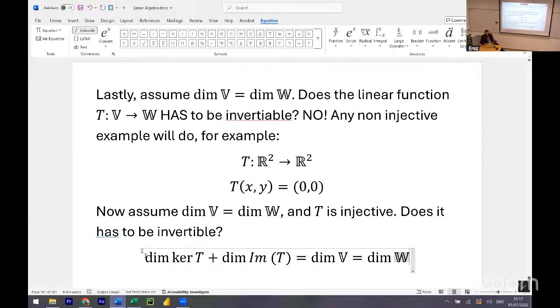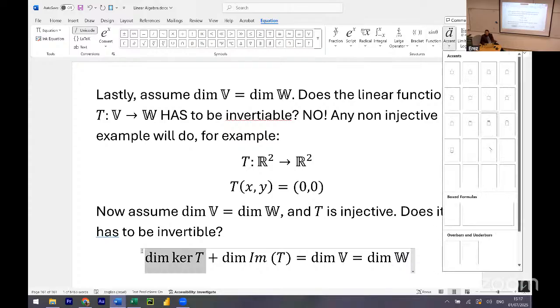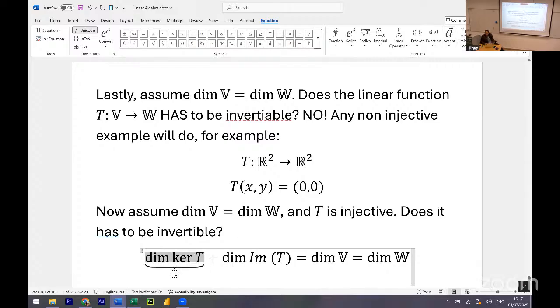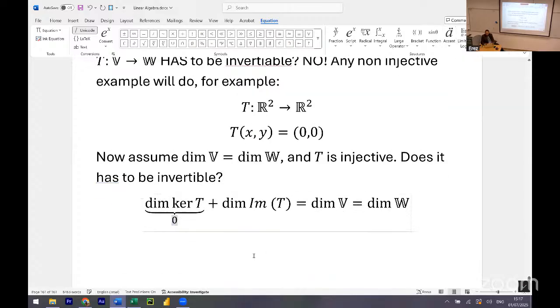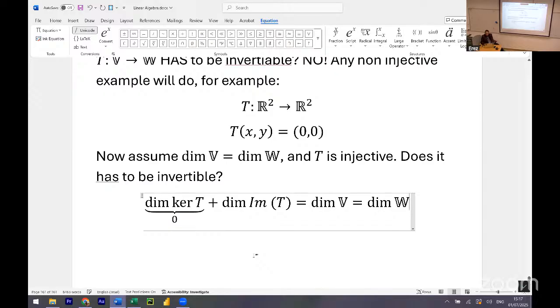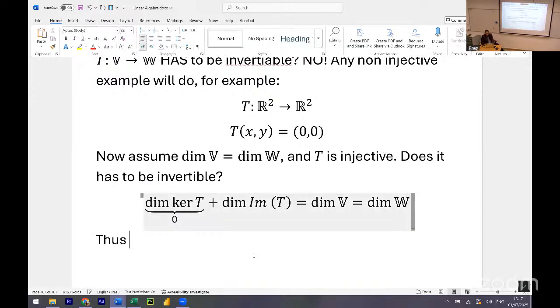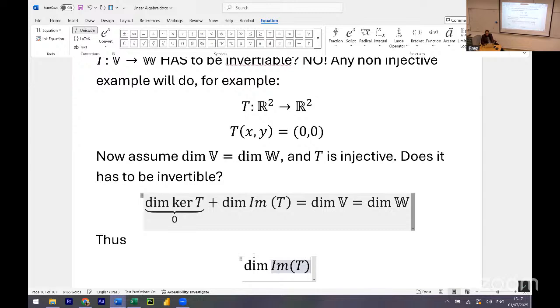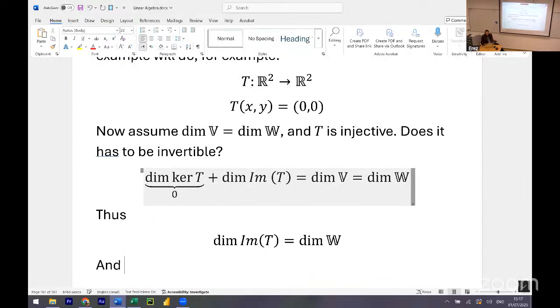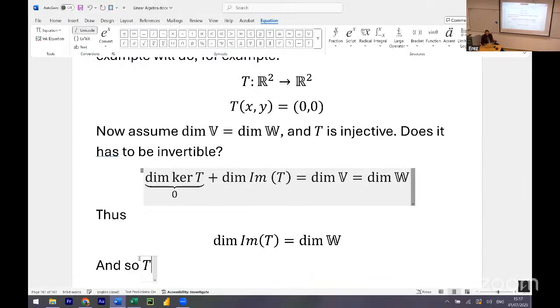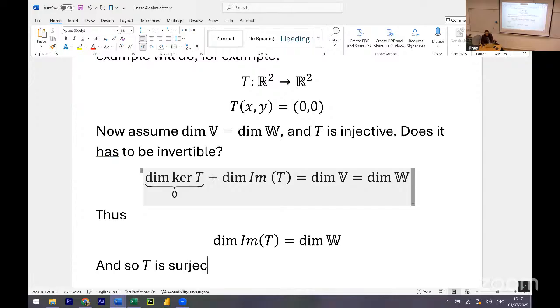What do we know about the kernel here? It's 0. The dimension is 0, right? So what is our conclusion? Thus, the dimension of the image must equal the dimension of the range, and so T is surjective.